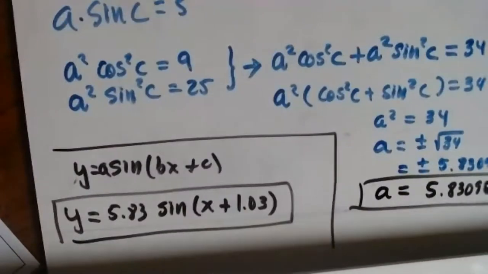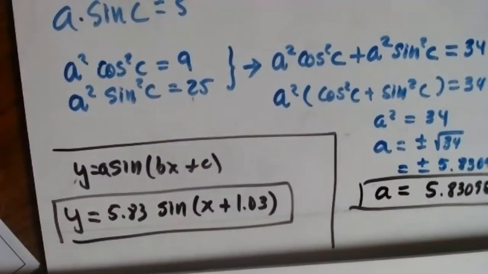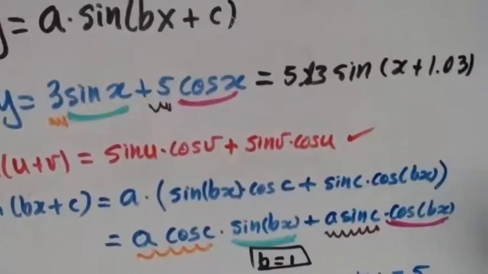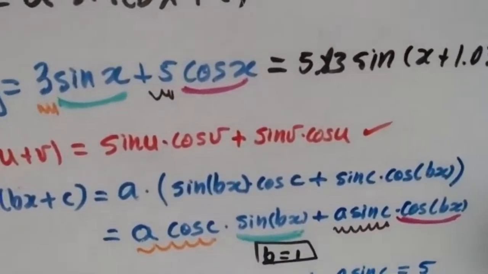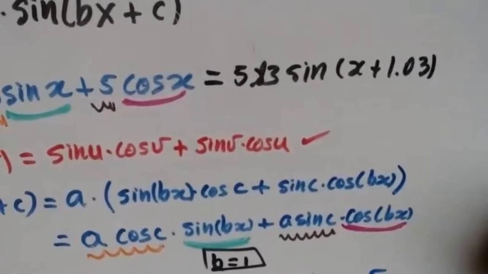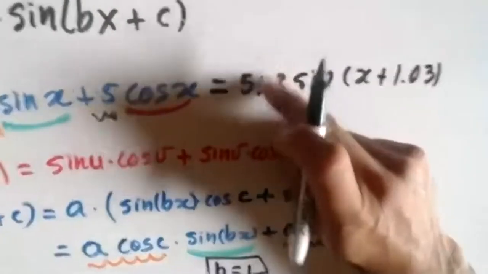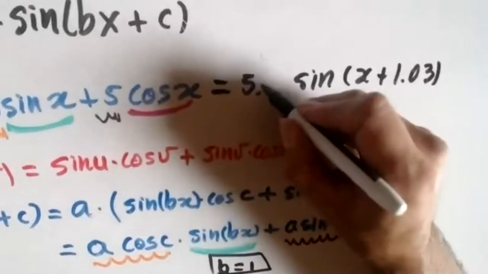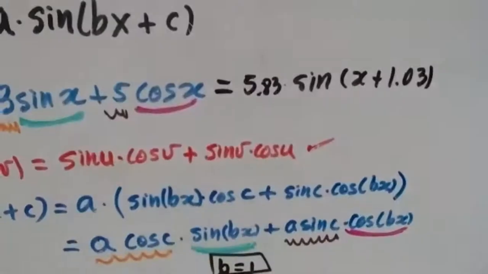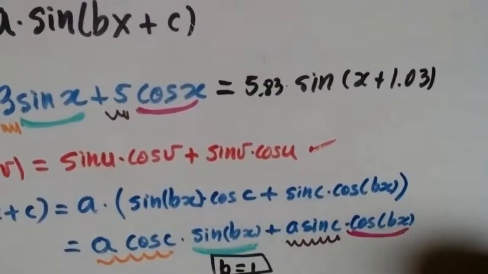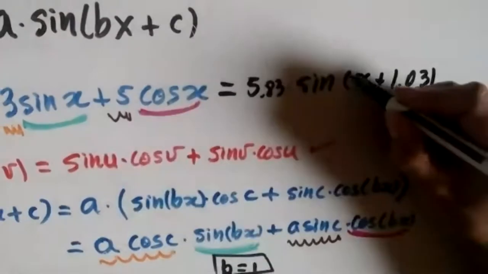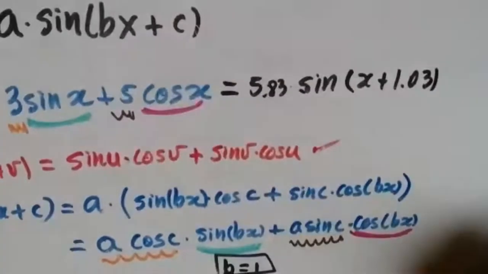So once I found this, this is going to be equals 5.83 sine x plus 1.03. So that is what I have to write. Y for sine x plus 5 cosine x is going to be, let me just put it right here, 5.83 times sine of x plus 1.03. Okay? So this is the equation of the sinusoid.